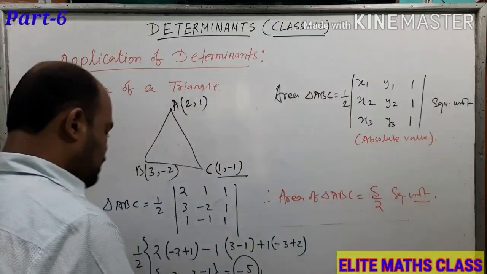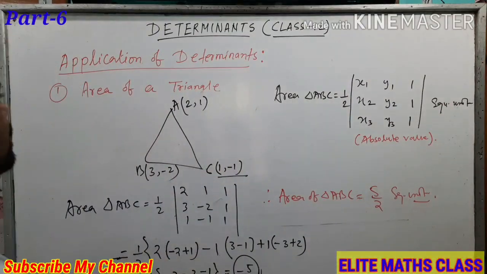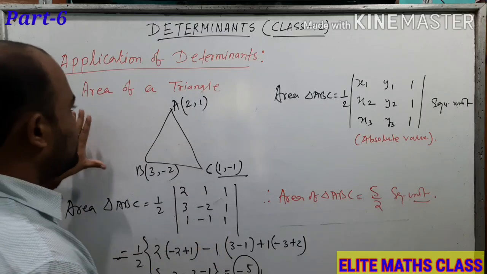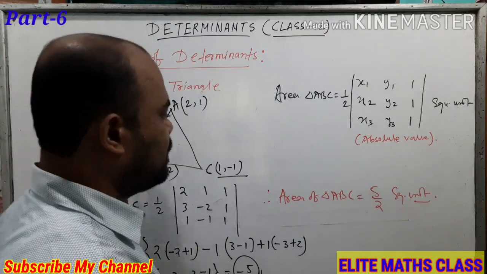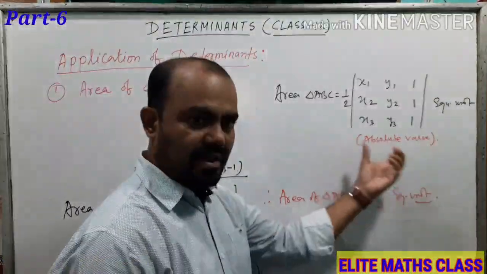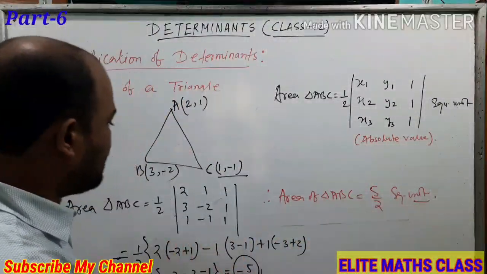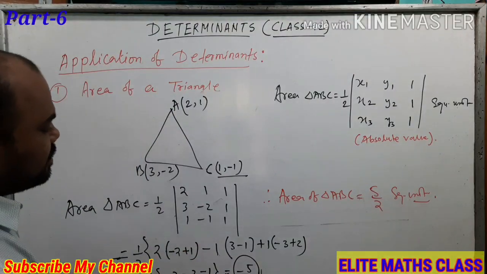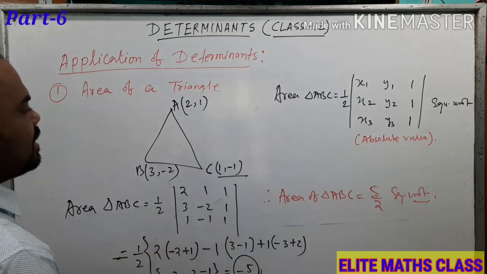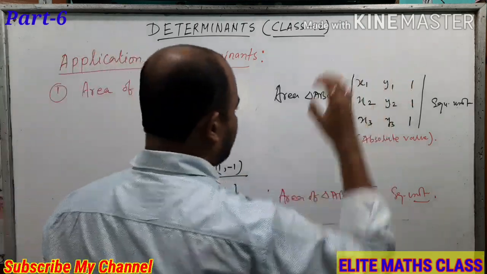So this is one application of determinant, how we can find the area of a triangle by using determinants. This is also very helpful for entrance exam problems in complex numbers or vectors. You will get some problems involving determinants or triangles. Whenever you have to find the area of a triangle, you can easily use the determinant formula.